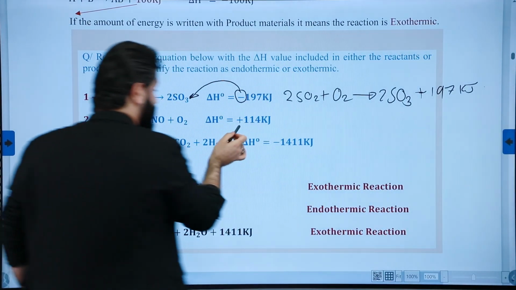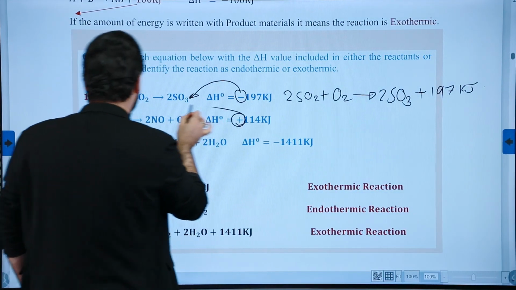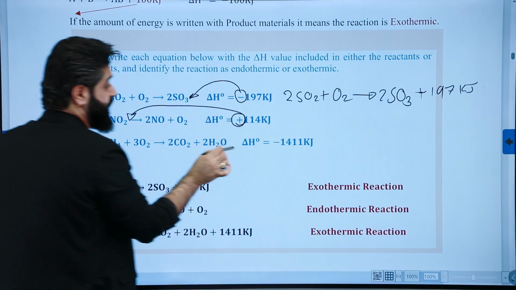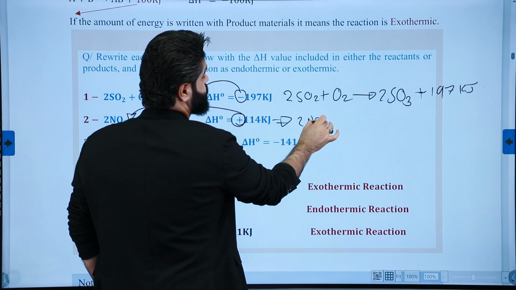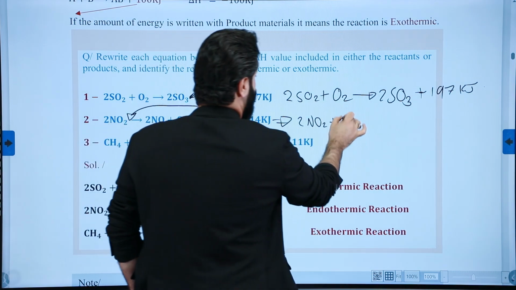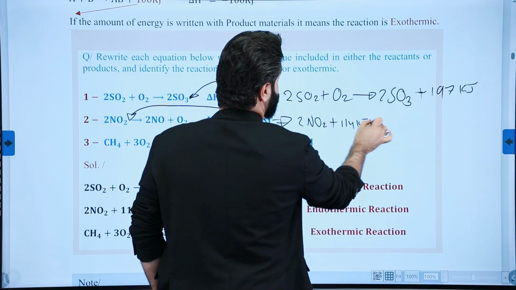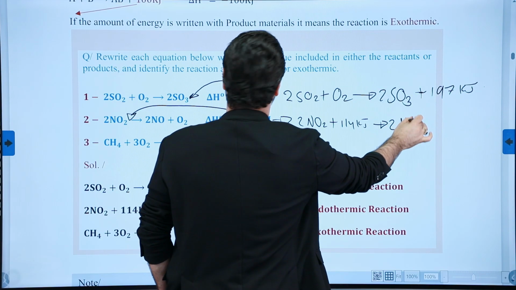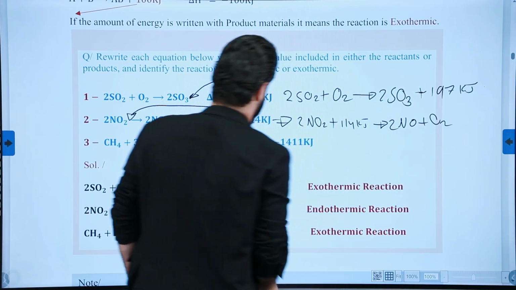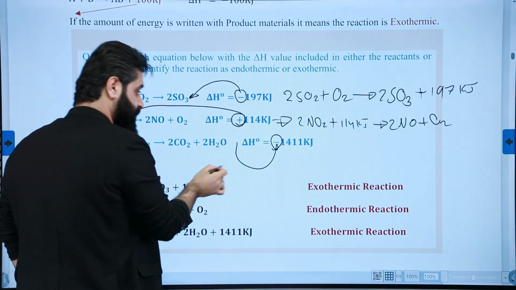How about this? Since the value is positive, it must be on the reactant side: 2NO2 plus 114 kilojoules to form 2NO plus O2.